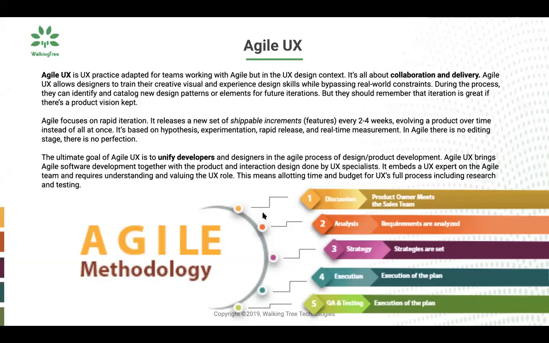But what happens here is the UX designer has to have a clear idea of what the end product has to be, and each and every sprint that passes is going to add on to the previously developed product. And an interesting fact here is nothing from a UX design standpoint is permanent. It is subject to change.